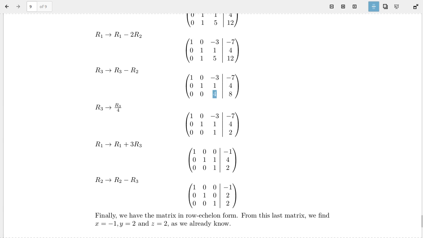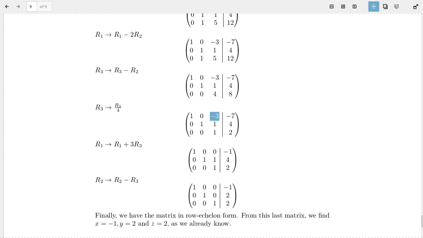So now what I need to do is make these guys 0, right? So of course, to make this minus 3 a 0, it's easy. R1 changes to R1 plus 3R3. So minus 3 plus 3 times 1 gives me 0 here.